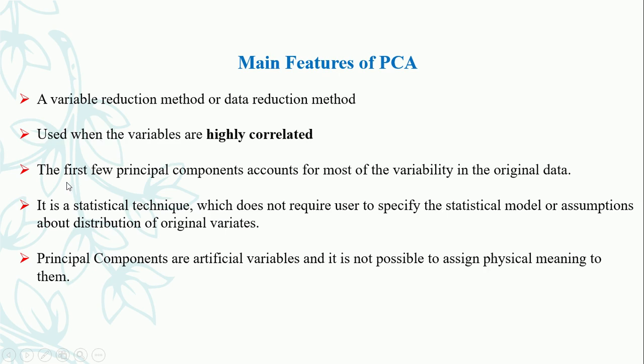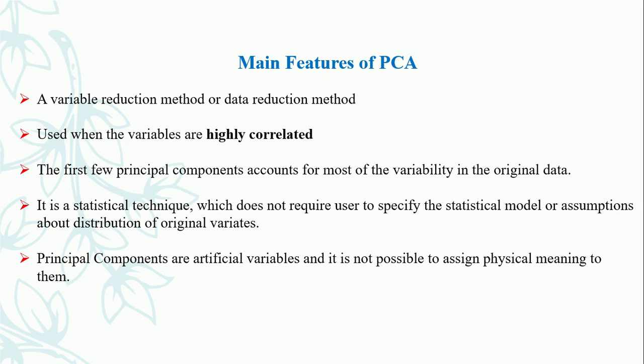Okay, so the first few principal components account for most of the variability in the original data. It means the first few components, PC 1, 2 or 3, will explain more than 70 to 80% of the variation in the original data. Okay, so it is a statistical technique which does not require the user to specify the statistical model or assumptions about the distribution of original variables.